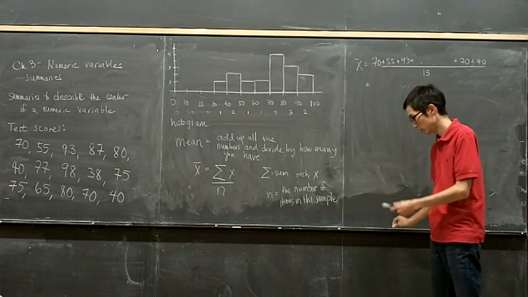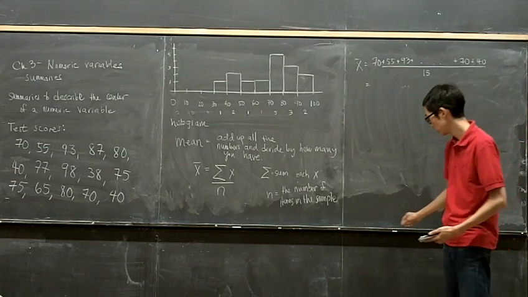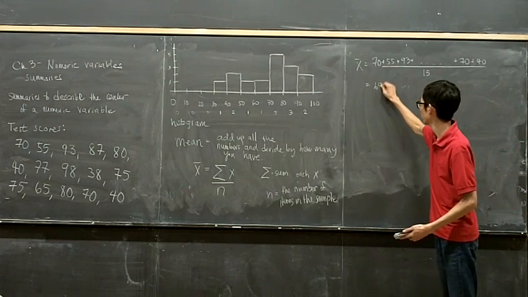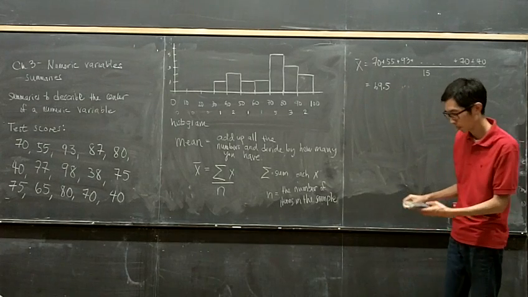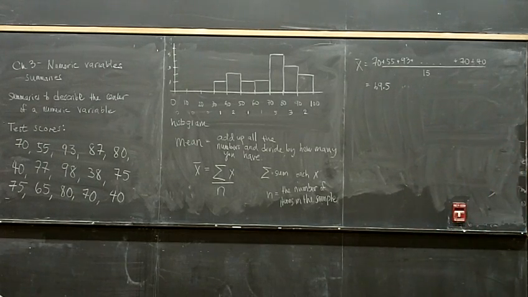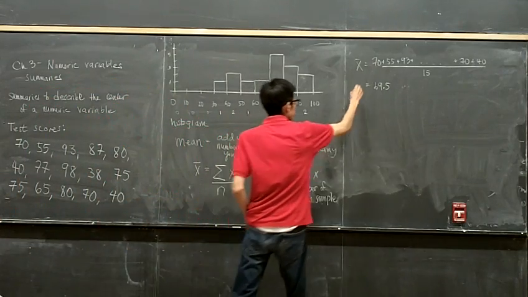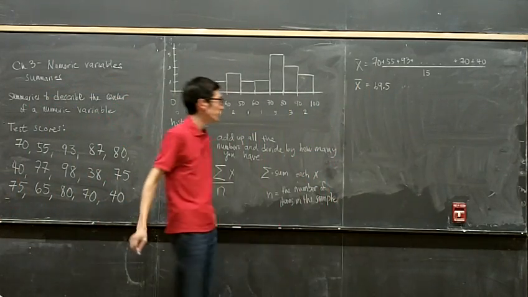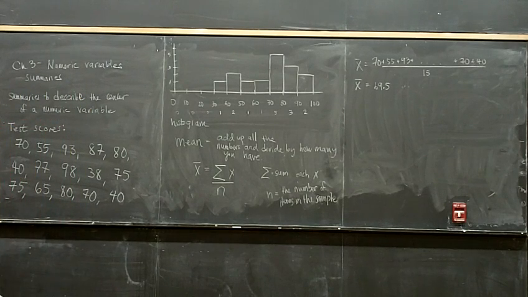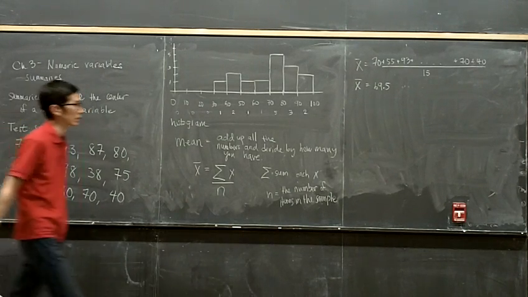So it's 69.5. Is that right? 69.5? Someone else also confirm. Yes. Alright, great. So my x bar is 69.5. This is the mean.